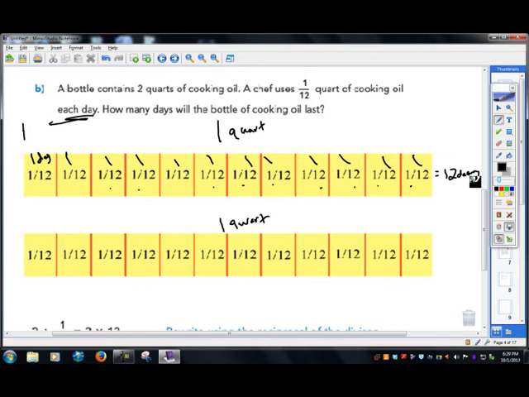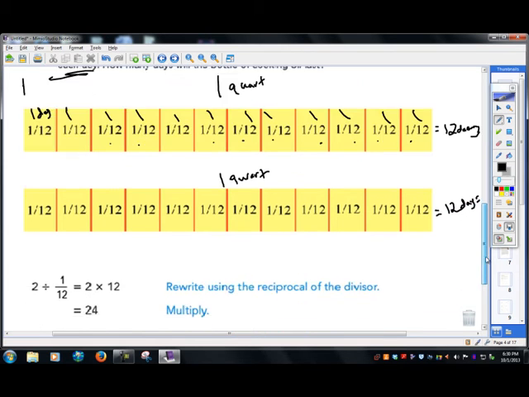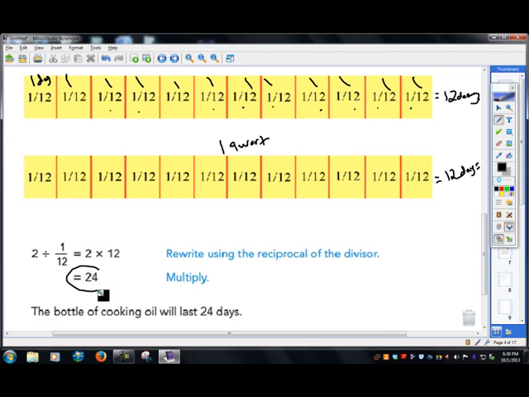Okay? And again, if you added up these twelfths, 1/12 plus 1/12 plus 1/12 all the way to here, you're going to get 12 twelfths. There are 12 little boxes in here. So if that lasts 12 days, well then obviously this one down here is the exact same. That's also going to equal 12 days. So together, it's going to last 24 days. Okay?